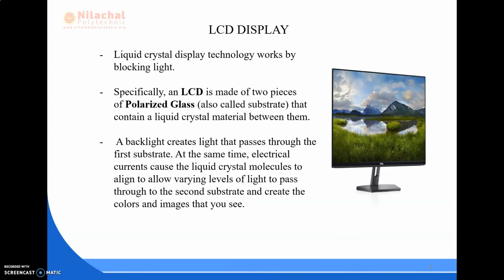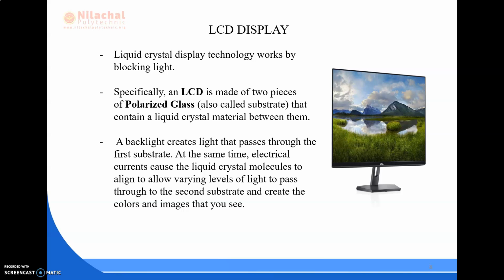Next, we will be discussing the LCD display. The LCD display technology works by blocking light. Specifically, an LCD is made up of two pieces of polarized glass that contain a liquid crystal material between them.